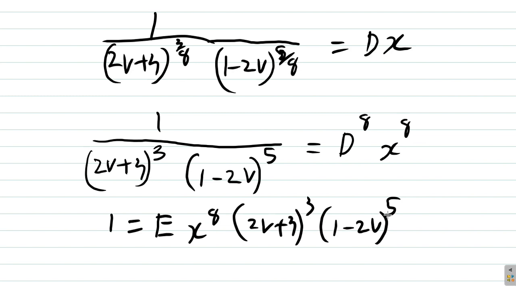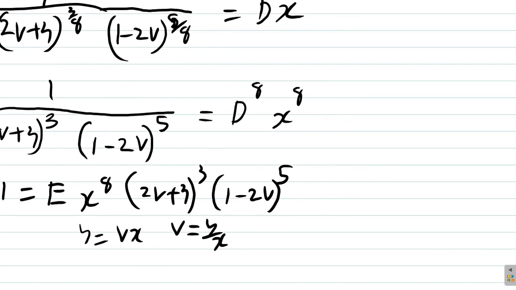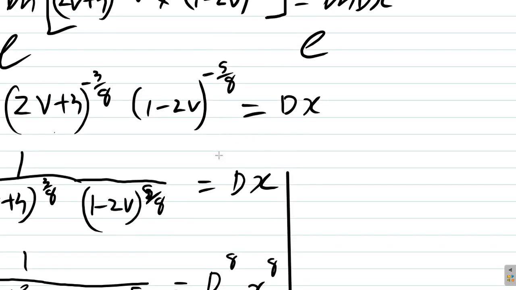Get everything flat, and I'll put it like that. By the way, remember that y was vx, so v would be y over x. I had said earlier that you would get full marks, but you would only get full marks if you had changed the v back to x and y. I didn't remember to change it back to x and y.